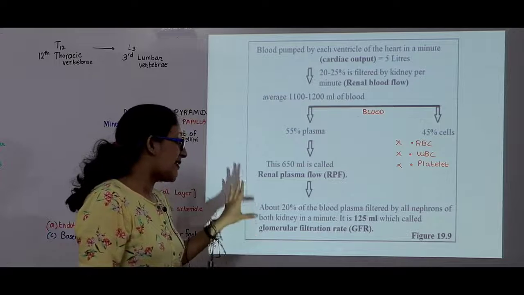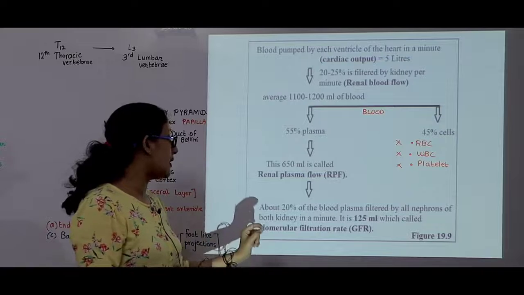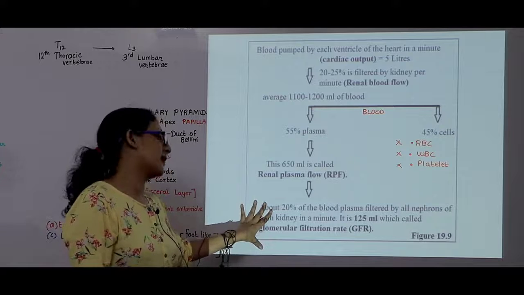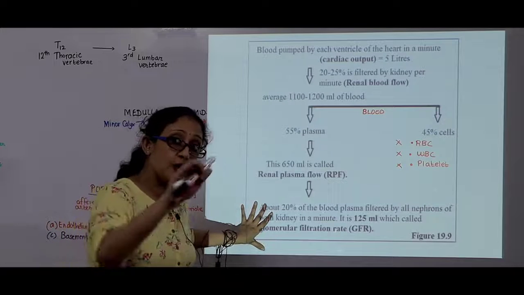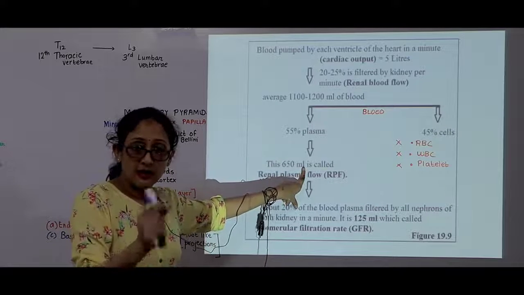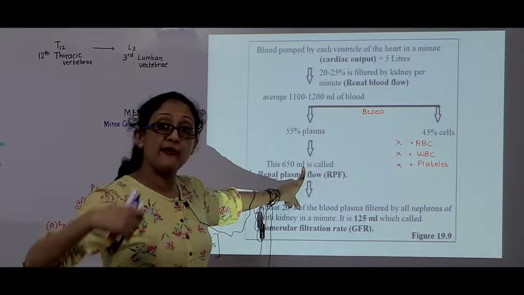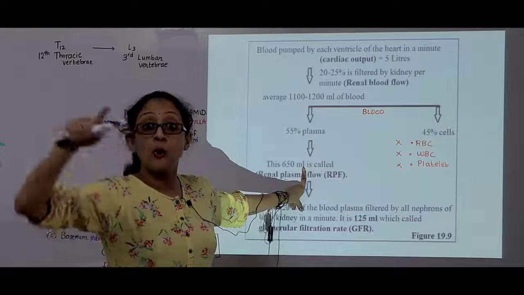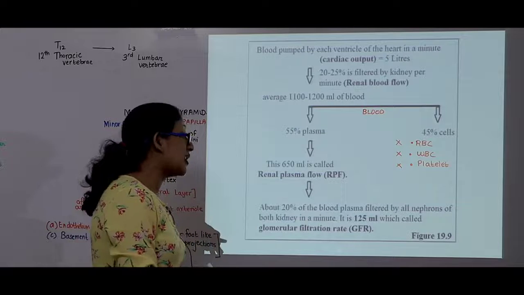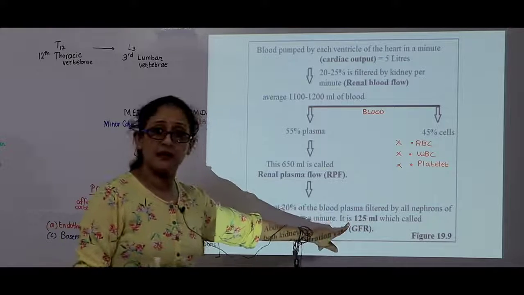However, they have actually estimated the rate of glomerular filtration. Now, what is glomerular filtration? The actual fluid which enters through the afferent arteriole is 650 ml per minute, but out of that 650 ml per minute, how much actually filters out into the Bowman's capsule is 125 ml, that is called GFR. Only 125 ml.